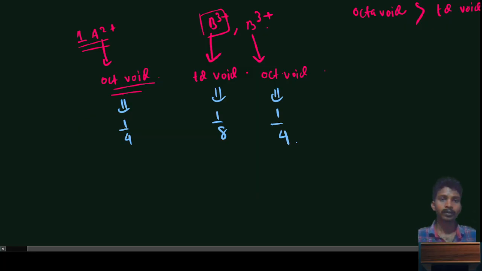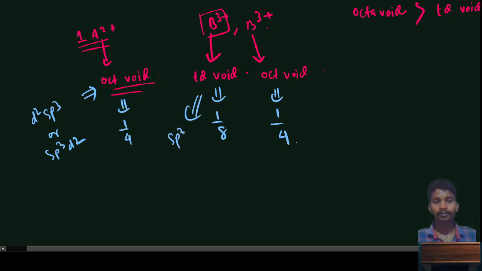So now that the tetrahedral and octahedral voids are occupied, for octahedral voids the hybridization will be d2sp3 or sp3d2, and for the tetrahedral case the hybridization is always sp3. This depends upon whether these are strong field ligands or weak field ligands. Likewise we have d2sp3 or sp3d2, depending on whether the inner d orbitals are filled or not.